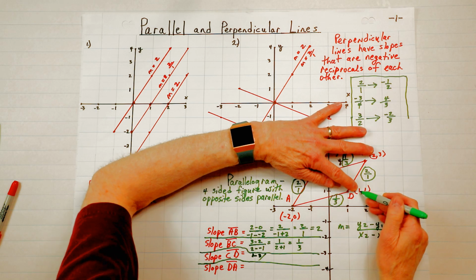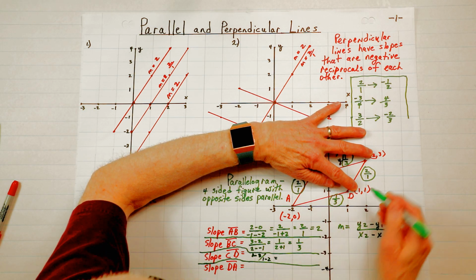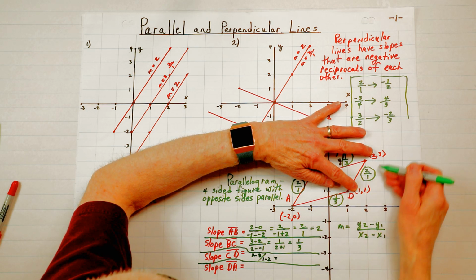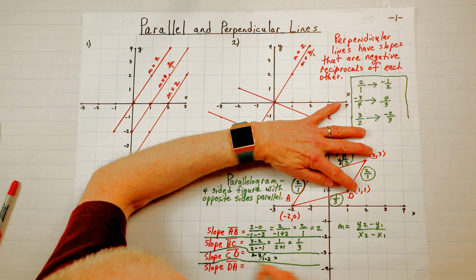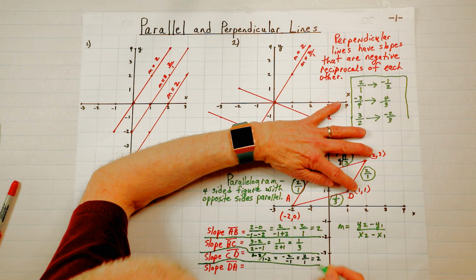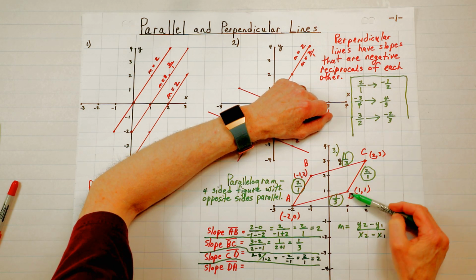No, it's 1 subtract 2, I'm sorry. Okay, 1 subtract 3 and 1 subtract 2. y2 take away y1, x2 take away x1. Okay, so that's going to give me negative 2 over negative 1, which is equal to positive 2 over 1 or positive 2. And that's what we got when we counted spaces on the diagram.